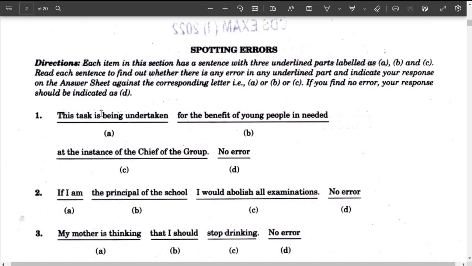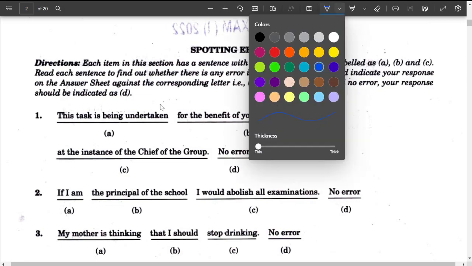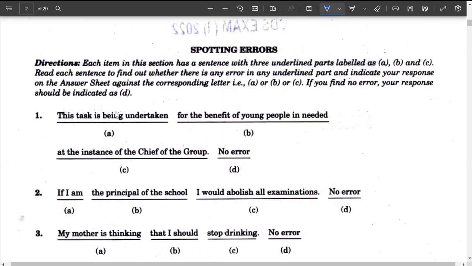This task is being undertaken. Remember, this is the passive voice here. In the passive voice, being is followed by V3. Is plus being plus V3.